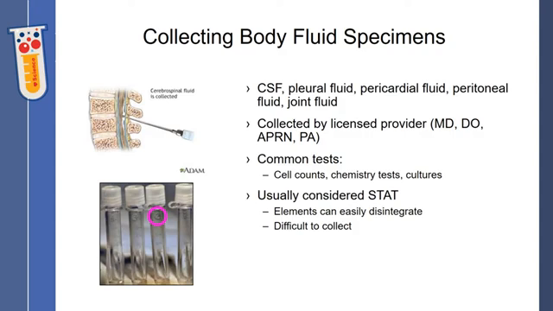For instance, micro should not get tube number 1 because it's possible there could be some normal flora contamination just from where they punctured the skin. So micro doesn't get tube number 1. Generally labs will have a set policy for which department gets which tube.